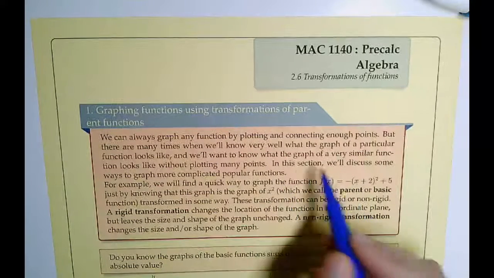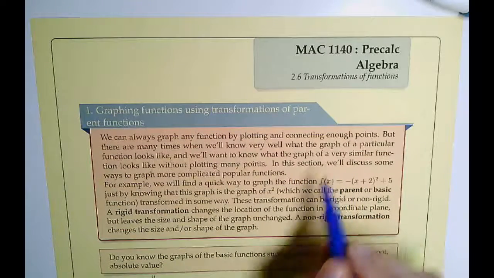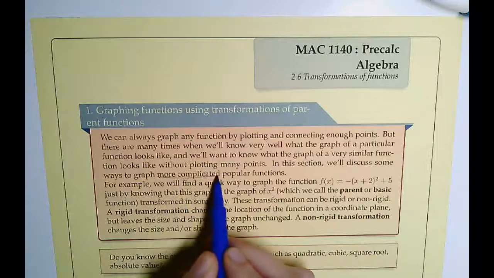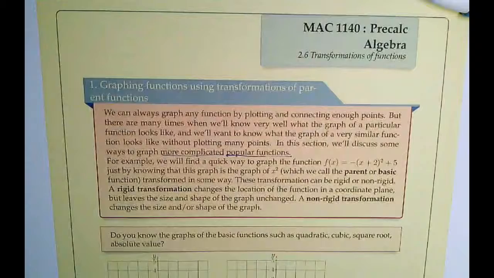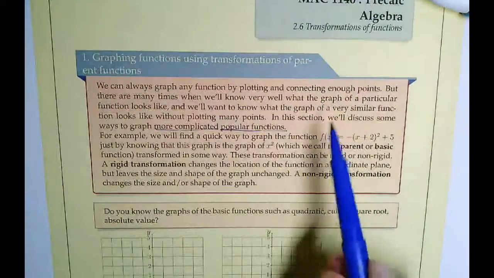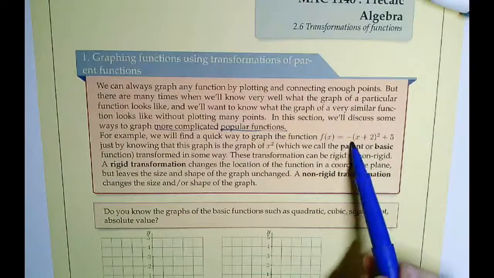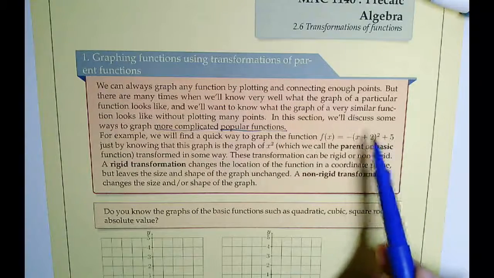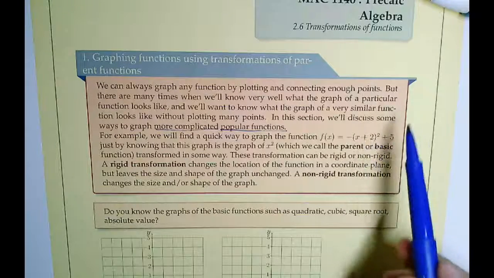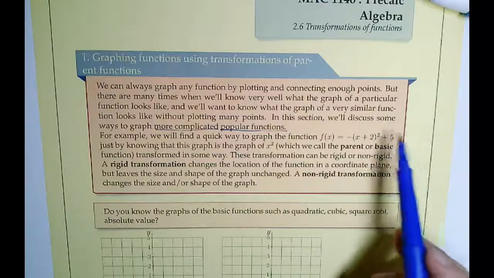So this is basically what we're going to do in this section. We'll discuss some ways to graph more complicated functions. So for example, if we want to find a quick way to graph the function f of x equals negative (x plus 2) squared plus 5. You know that this is a parabola, but exactly where is the vertex, or what does it look like exactly?